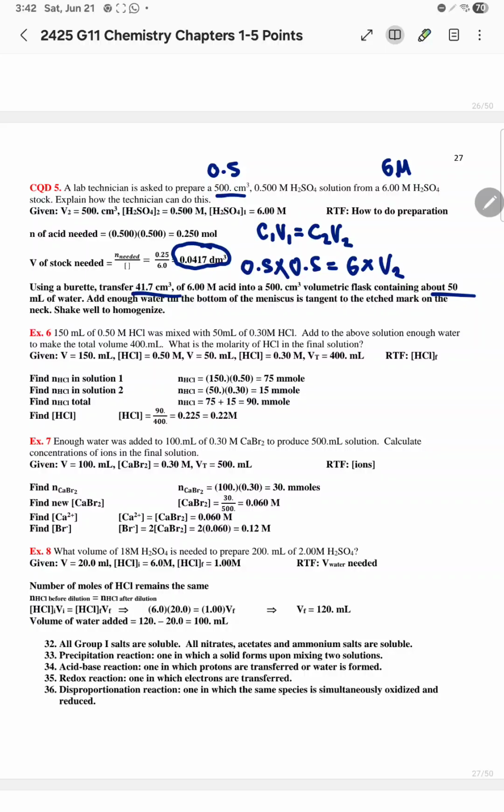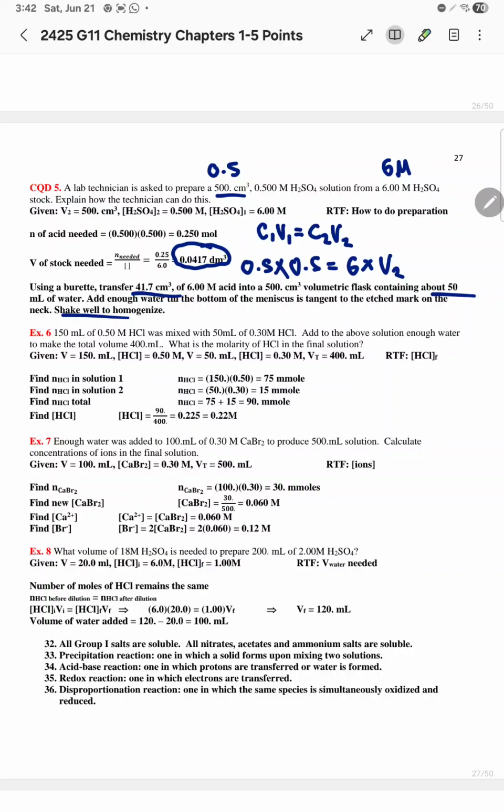It's not a really important step, but just always do it. Then you add enough water until the bottom of the meniscus is tangent to the etched line on the neck, and then you shake it to mix the water with the solution, and that is it.